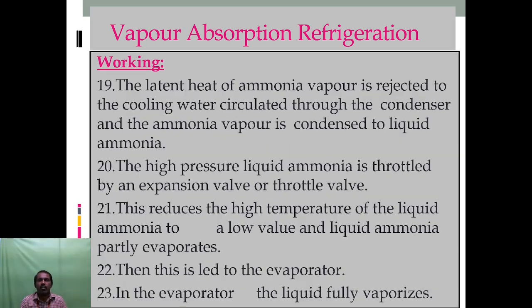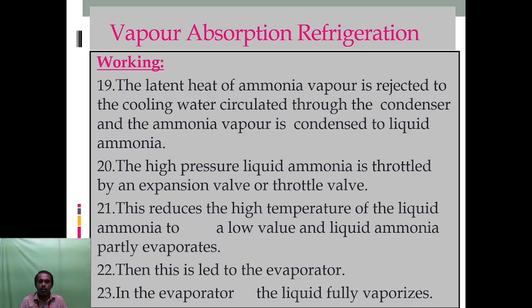The latent heat of the ammonia vapor is rejected to the cooling water circulating through the condenser, and the ammonia vapor is condensed to liquid ammonia. The high pressure liquid ammonia is throttled by the expansion valve, a throttle valve, to reduce the temperature of the liquid ammonia to a low value, and the liquid ammonia is partly evaporated.